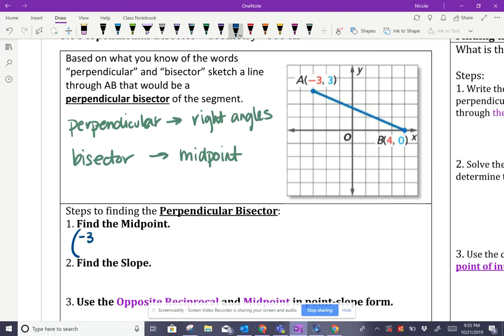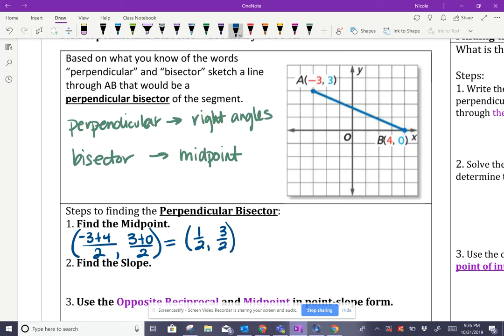So I have -3 plus 4 over 2, and then 3 plus 0 over 2 for my y's. Now let's work that out. -3 plus 4 gives me 1 over 2, and 3 plus 0 gives me 3 over 2.